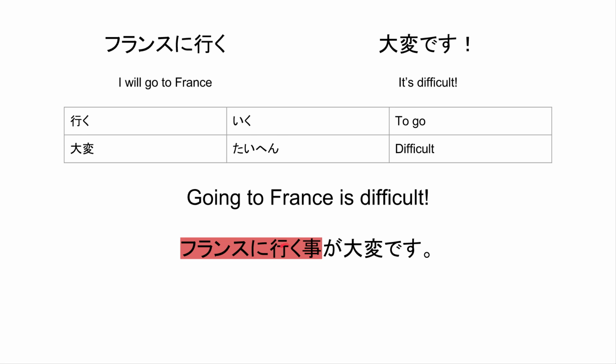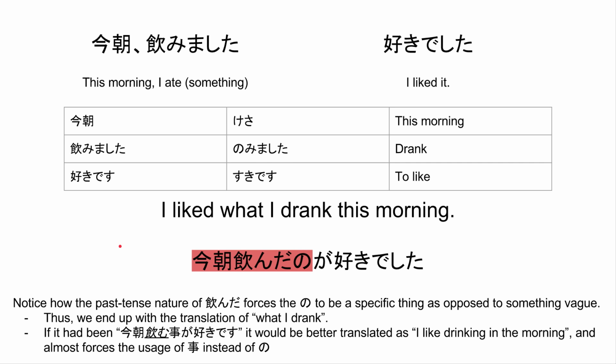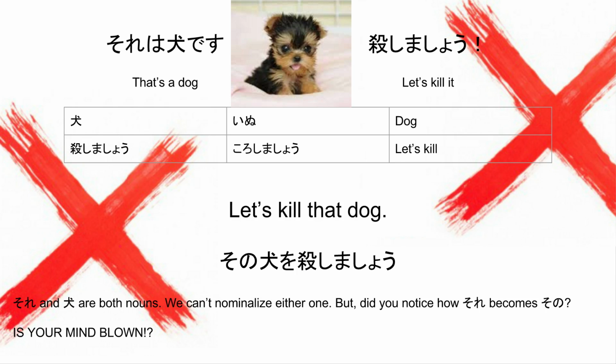And we used a verb to describe a habitual thing that we like to do? Going to France. You see how we're using verbs to describe nouns? Well here, let's try to use sore to describe inu. Oh, look at that, it turned into sono inu o kuroshimashou. Sono inu.